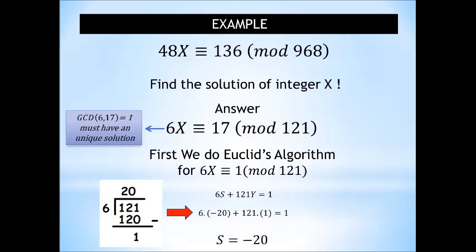So the value of s is minus 20. And we can say the solution x asterisk is minus 20 times 17. So the solution in this case is minus 340.